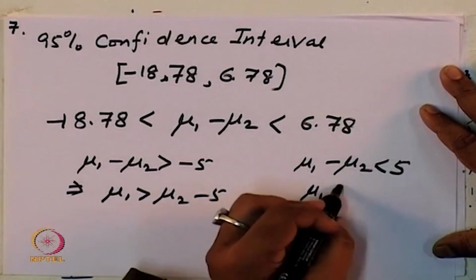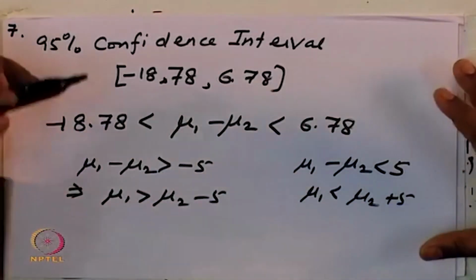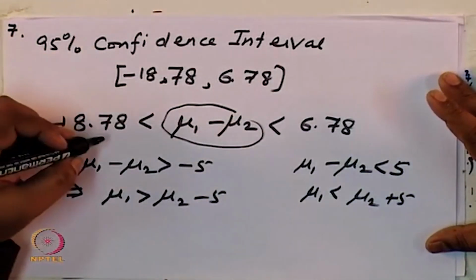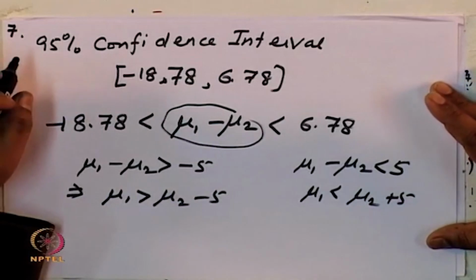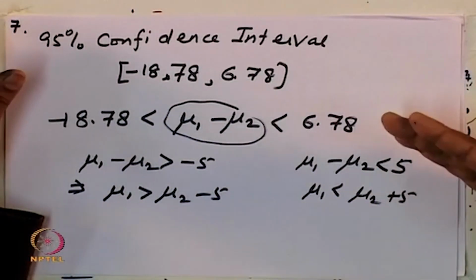In that case, mu 1 is less than mu 2 plus 5. So, there are both the possibilities where this entire difference is either negative or positive. So, this tells you it is very hard to conclude that the average intake of men and women of these dairy products really differ.